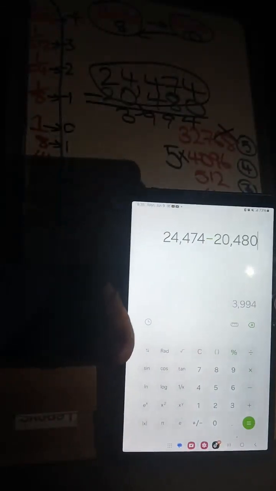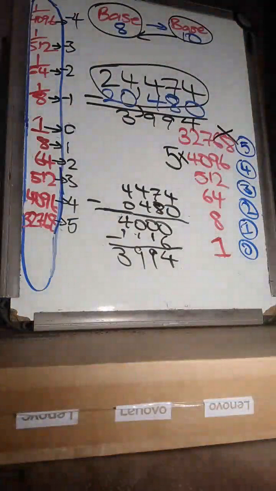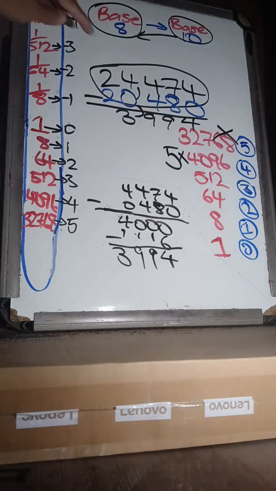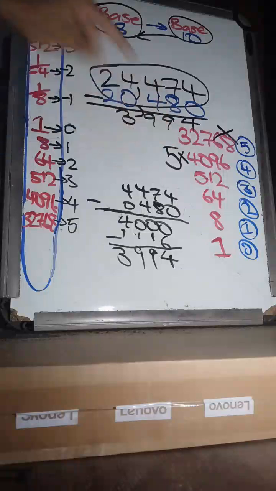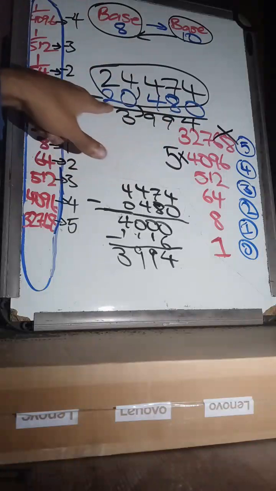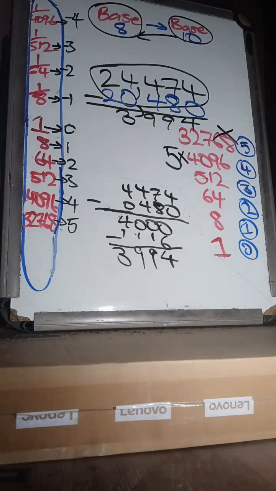Right, so now if we divided this by 4,096, we'd end up with 5 with a remainder of 3,994.